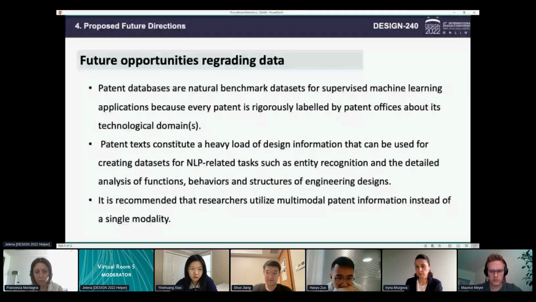The second, patent texts constitute a heavy load of design information that can be used for creating datasets for NLP-related tasks, such as entity recognition and the detailed analysis of functions, behaviors, and structures of engineering designs. It is recommended that researchers utilize multimodal patent information instead of a single modality.